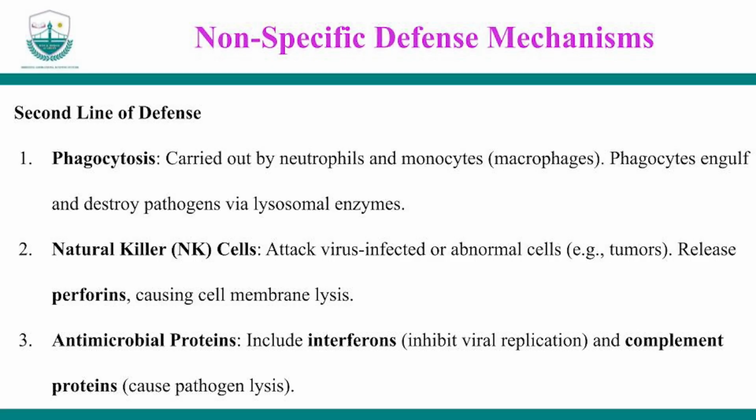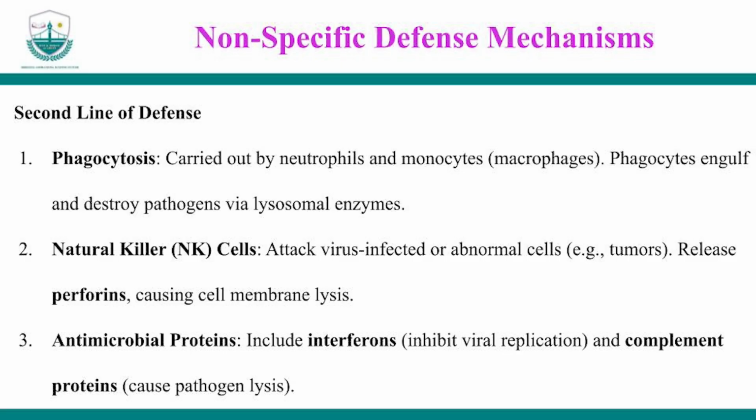Okay, even in a country, you can have citizens collaborating with rebels. If the army identifies that you collaborate with rebels, enemies of the state, then they will take you to prison. You'll be arrested. It's the same thing that happens: the natural killer cells identify which cells are harboring the pathogen, or which cells are abnormal.